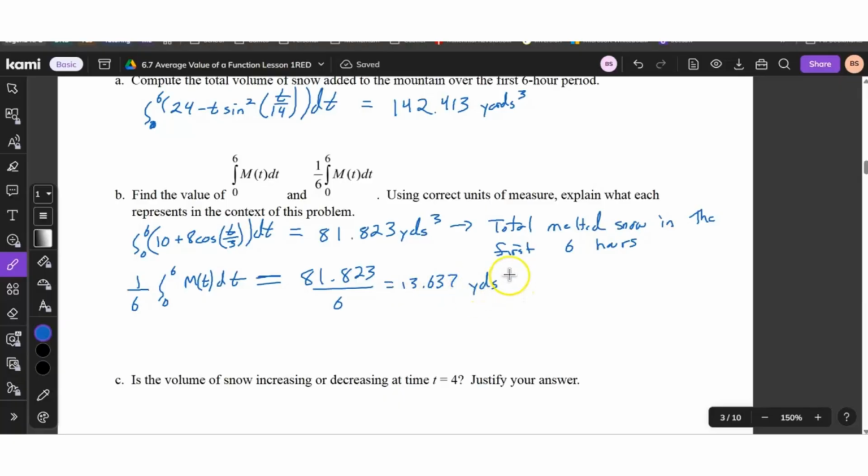And that's going to be yards cubed per hour. And this is the average melted snow per hour for the first 6 hours.